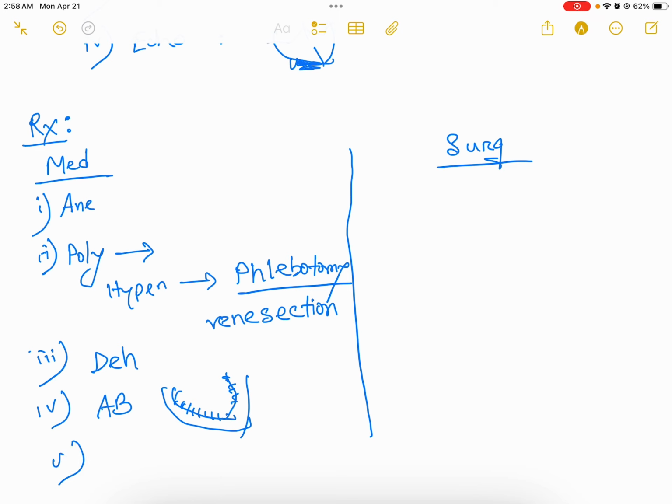Number 5, treatment of paroxysmal hypercyanotic attack. Surgical treatment. All patients need surgical repair.